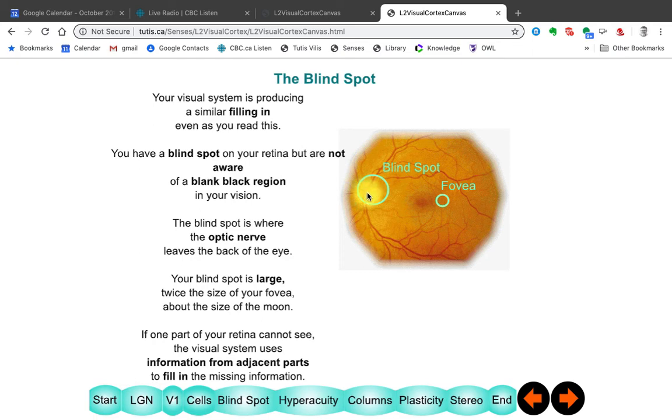And because you have a big nerve here, you don't have any neurons that sense light, no receptors, no rods or cones in this area. So all of you have that, and yet you're not blind. You close one eye, and close the other eye. You don't see any big blind spot, which is huge. It's larger than the moon would be.